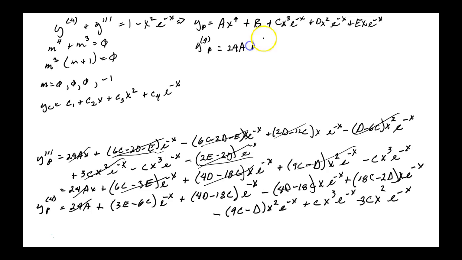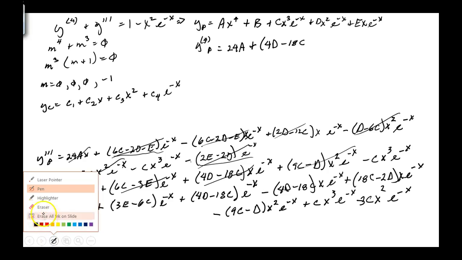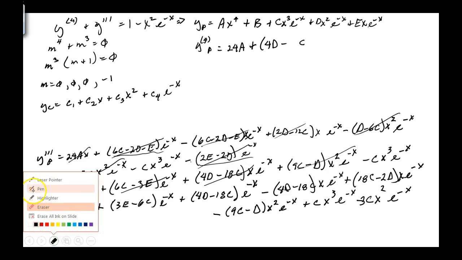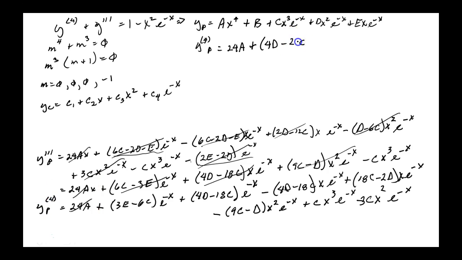4d, plus minus 18c. Wait. We have a minus 18c and a minus 6c, so that's a minus 24c, isn't it? Yeah. Okay, plus 3e, and that's going to be times e to the minus x.